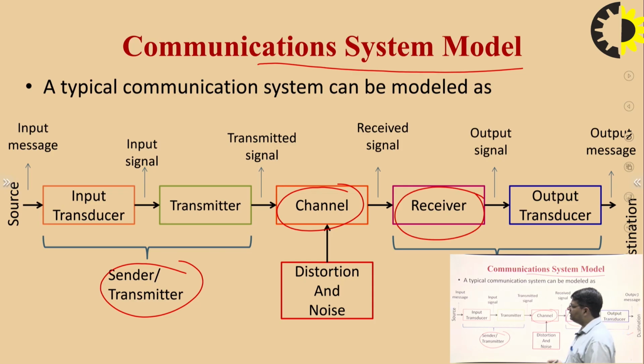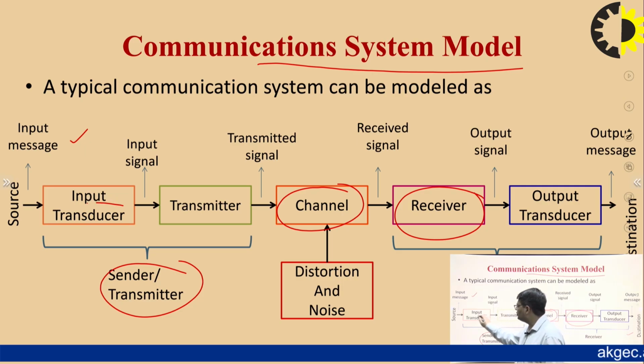On the transmitter side, let us say we have the input message. This input message is converted into the desirable form with the help of an input transducer. The transducer converts the input message into an electrical signal, so one form of energy is converted into another.